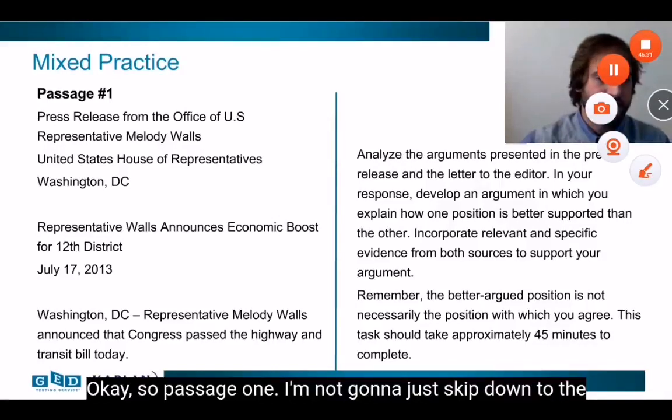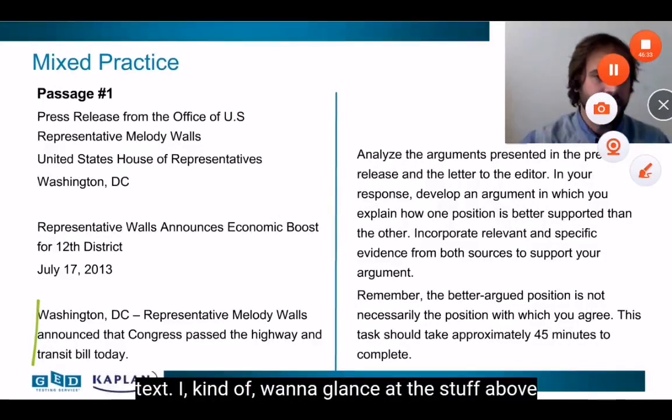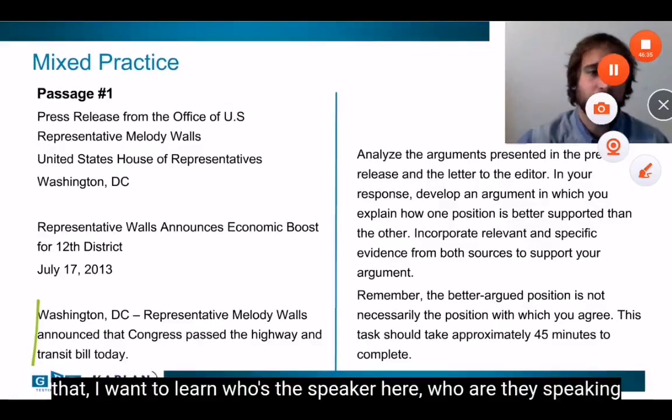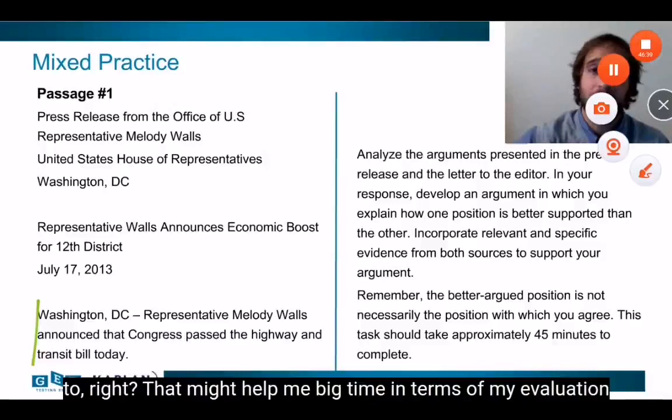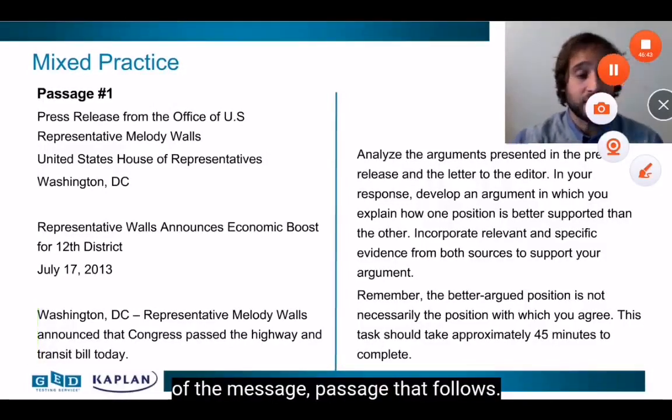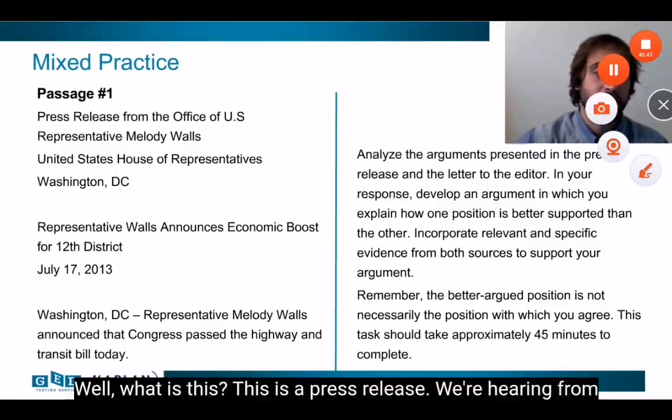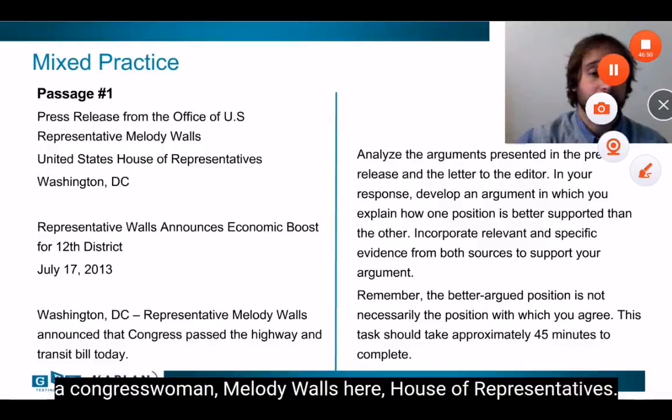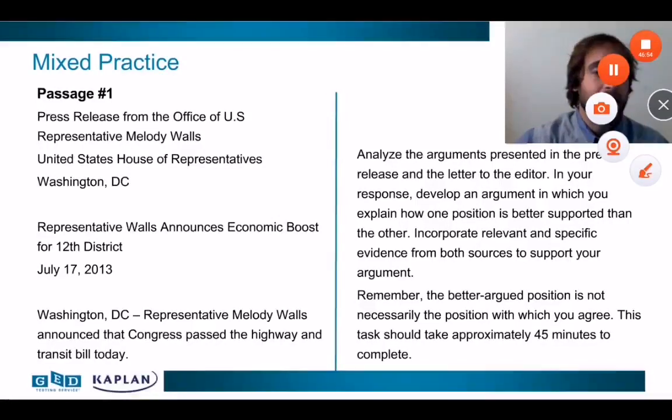Okay, so passage 1. I'm not going to just skip down to the text. I want to glance at the stuff above that. I want to learn who's the speaker here. Who are they speaking to? That might help me big time in terms of my evaluation of the passage that follows. Well, what is this? This is a press release. We're hearing from a congresswoman, Melody Walls, House of Representatives.